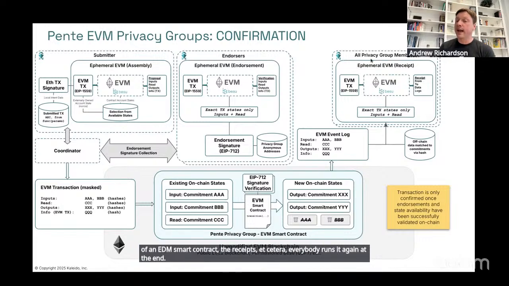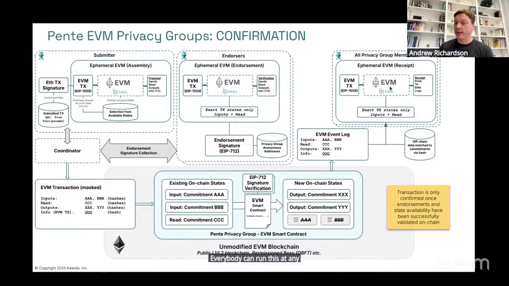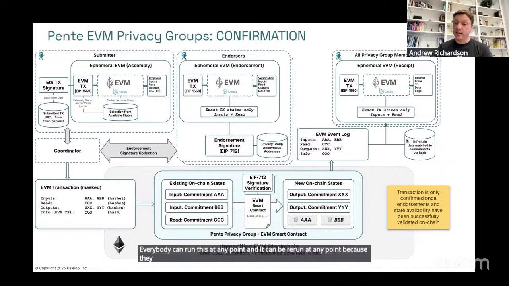Everybody can run this at any point, and it can be rerun at any point because they have a copy of the private data because they're in the group, and they have the blockchain record that this was a confirmed transaction. So this model allows a very scalable approach that actually is a step forward from previous approaches because it validates the inputs, the outputs, and the execution in the base blockchain.